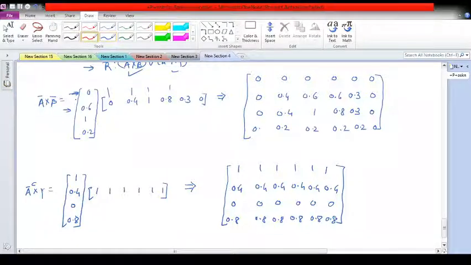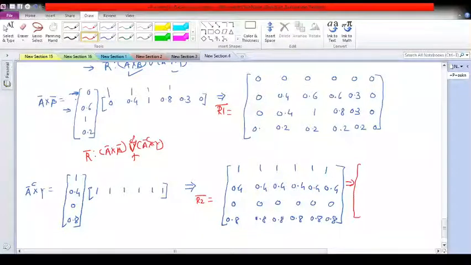And now what is the resultant? I have to obtain the relation matrix R bar, which will be defined as A bar coupled with B, or if not, then A bar complement coupled with Y. Means what? I have to find out now the union operator or the disjunction operator on, let me write, this is R1 bar and this is R2 bar. Okay, so what will be the resultant? It is the max operator, so first row will be all 1. So 1, 1, 1, 1, 1, 1. Next is max operator means 0, 0.4, so it is 0.4, 0.4, then max is 0.6.